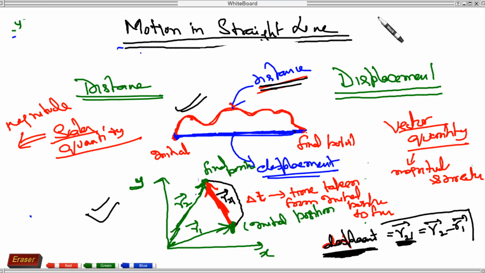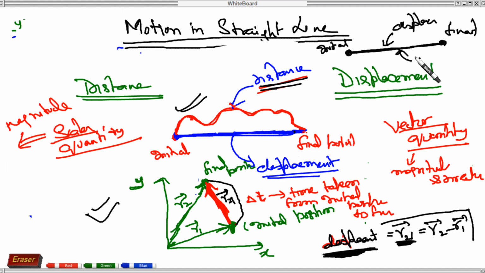Suppose this is our initial point, this is our final point, and the car traveled like this. From here it started in a straight line and ended here. So in this case, this will be the displacement and this will be the distance.